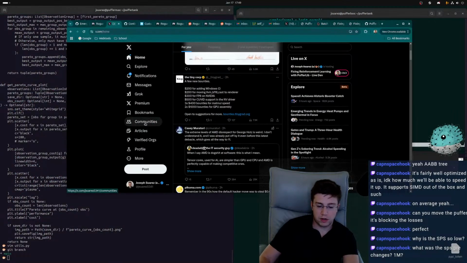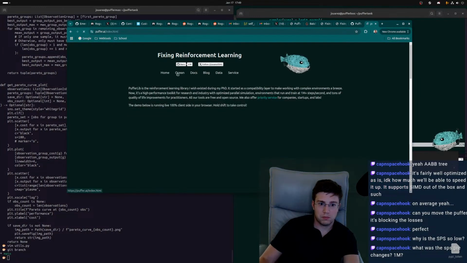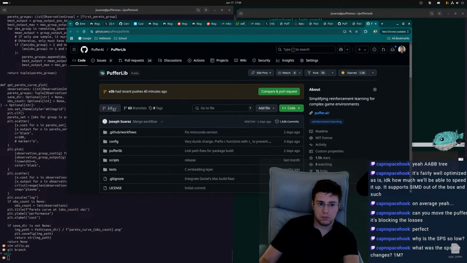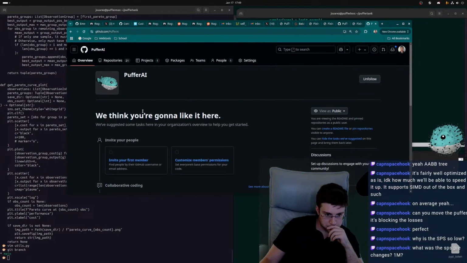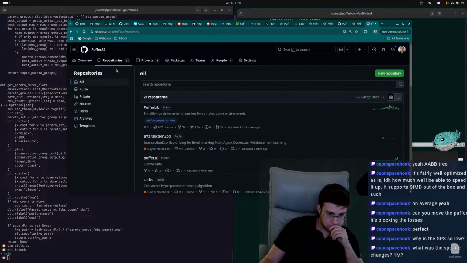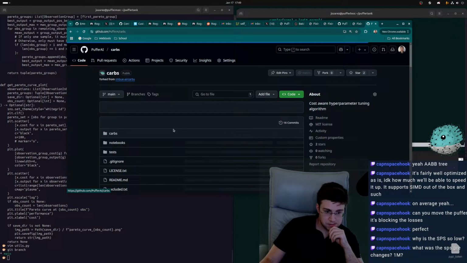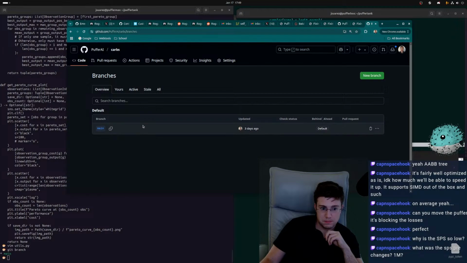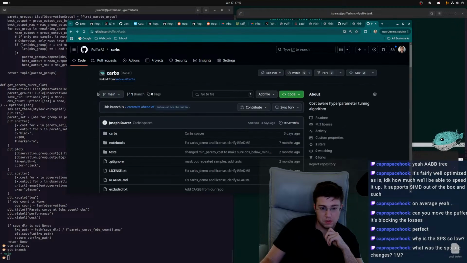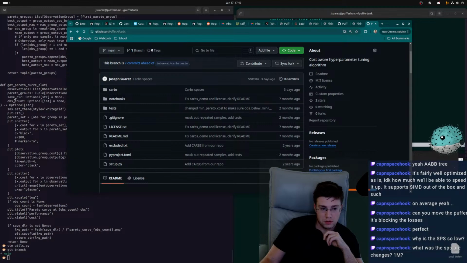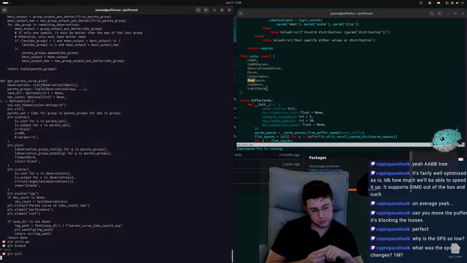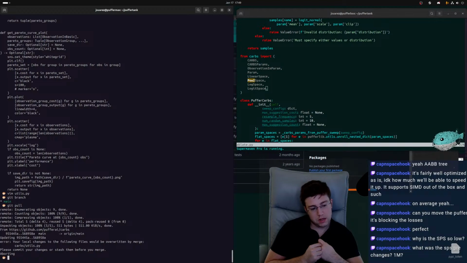Did I put this to a new branch? Is this a new container?